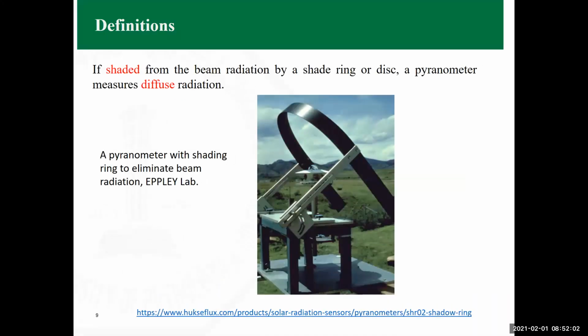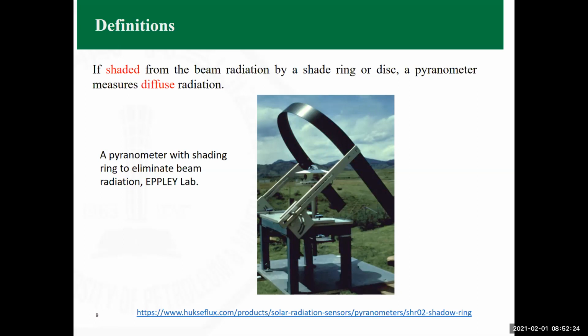What we see here is a way that we can measure the diffuse radiation alone without beam radiation. What does it do? It makes a shade on the direct radiation falling onto those glass domes. So it is basically heated by the diffuse radiation, which is coming from the clouds, from the particles suspended in the atmosphere, and so on.